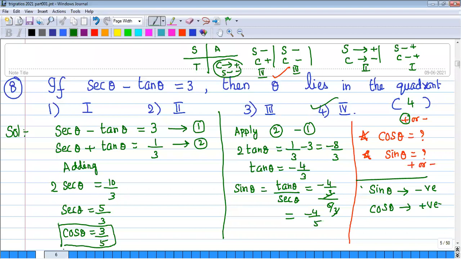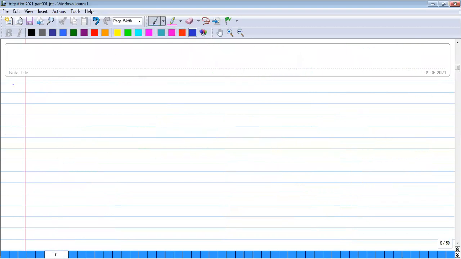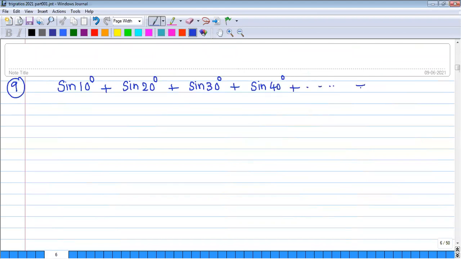So slowly we will develop the standards. Sin 10 degrees plus sin 20 degrees plus sin 30 degrees plus sin 40 degrees and so on up to sin 360 degrees.